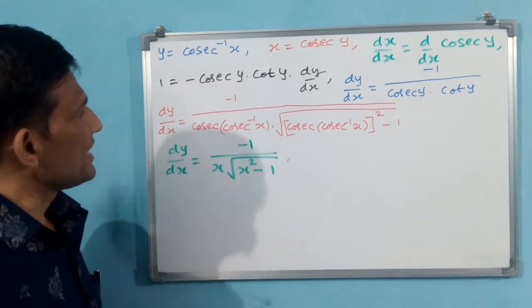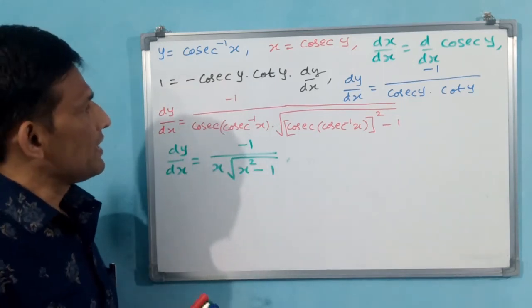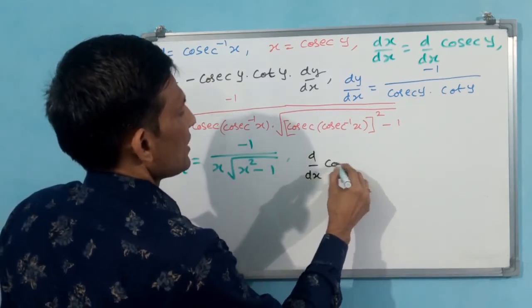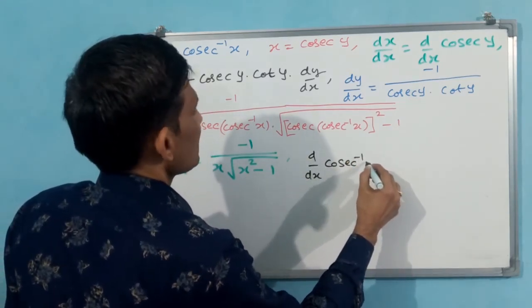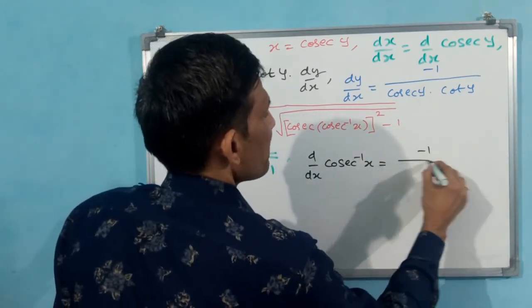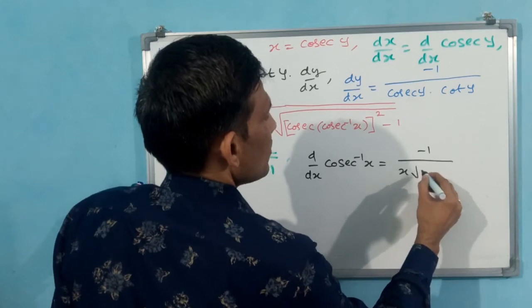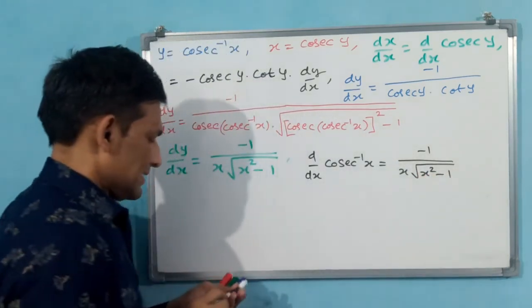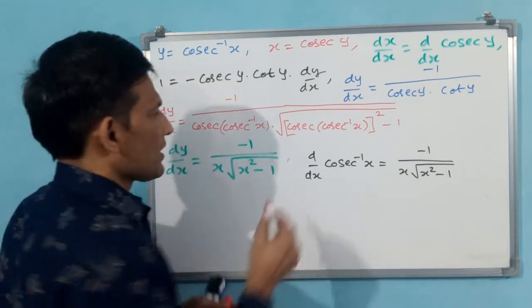Now I am writing it in standard form. d by dx of cosecant inverse x is equal to minus 1 by x into square root of x square minus 1. Make this one box.